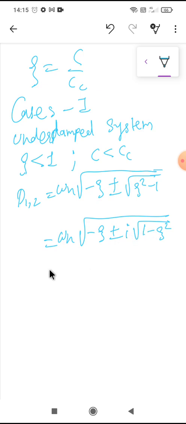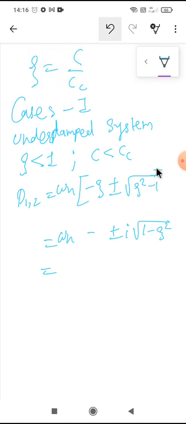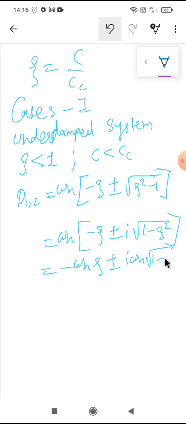Now the equation was like this. If I multiply omega n on both sides, what I will get is minus omega n zeta plus or minus i omega n under root 1 minus zeta square.